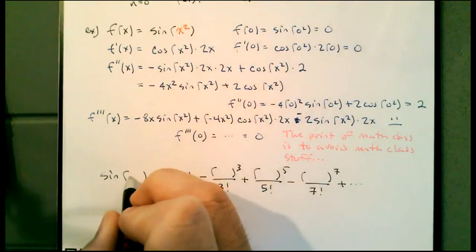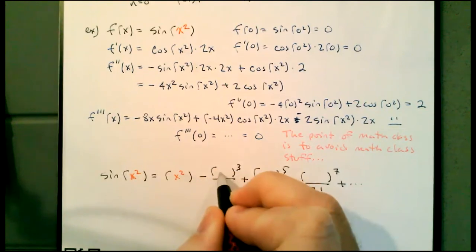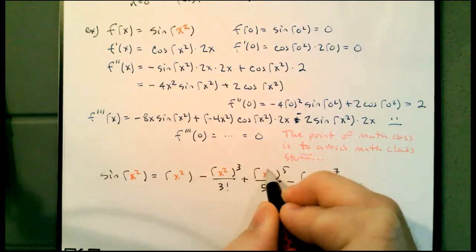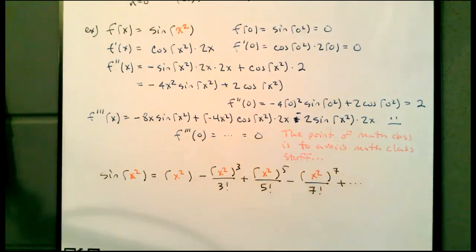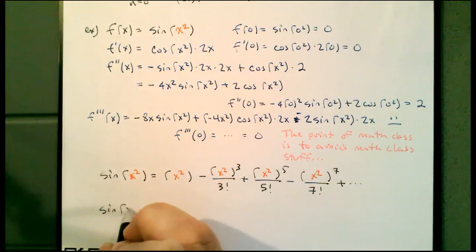If I want the sine of x squared, can I just replace all the x's with x squareds? And yeah, you can.